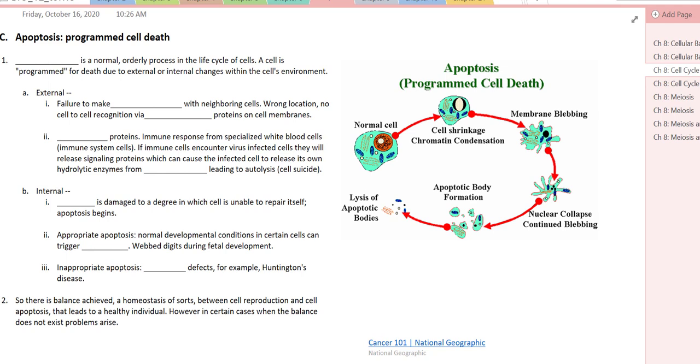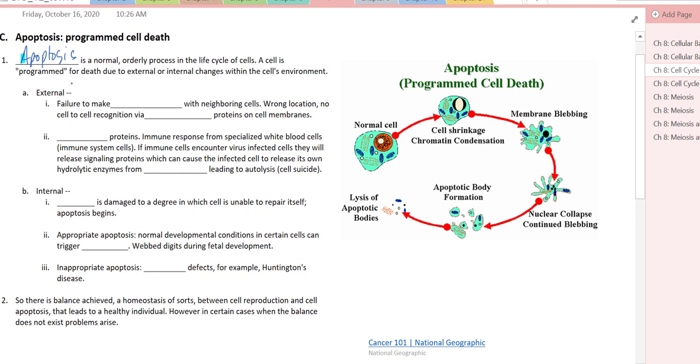So apoptosis is very much a normal, orderly process in the life cycle of cells, and it literally is kind of a programmed cell death, which is kind of a good thing in the sense when cells aren't doing what they need to be doing and performing their functions, then it makes sense to get rid of them, so to speak, right?